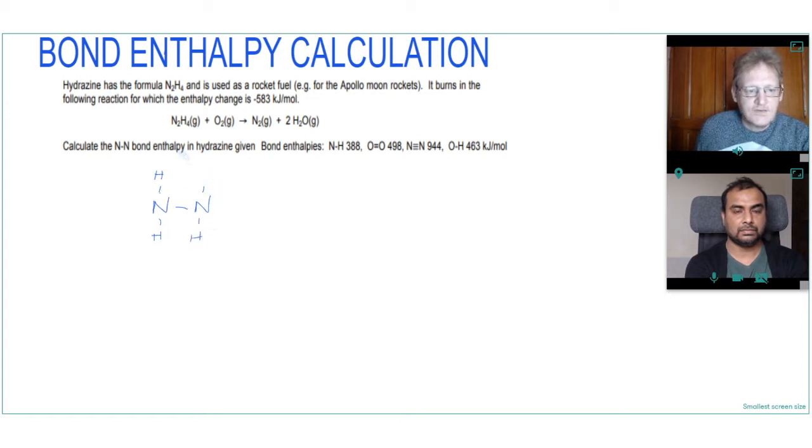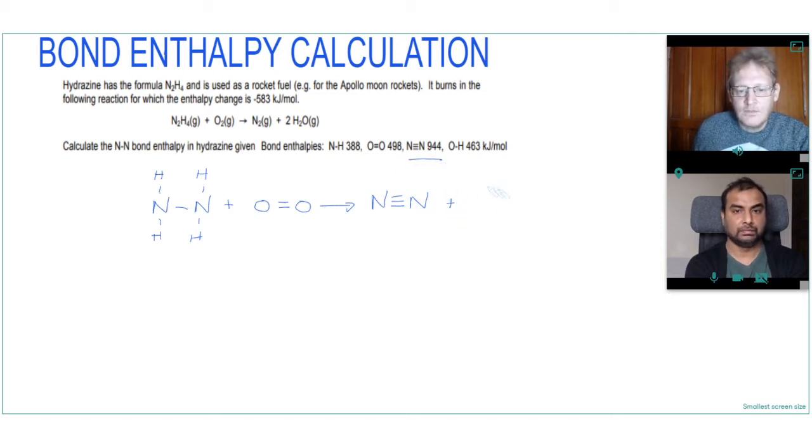And it says hydrazine is used as rocket fuel. So we're calculating the nitrogen bond in rocket fuel. And there's our oxygen. And our nitrogen bond, it's in group 5, so it's a triple bond. It's given us the bond in the question, if we weren't sure.